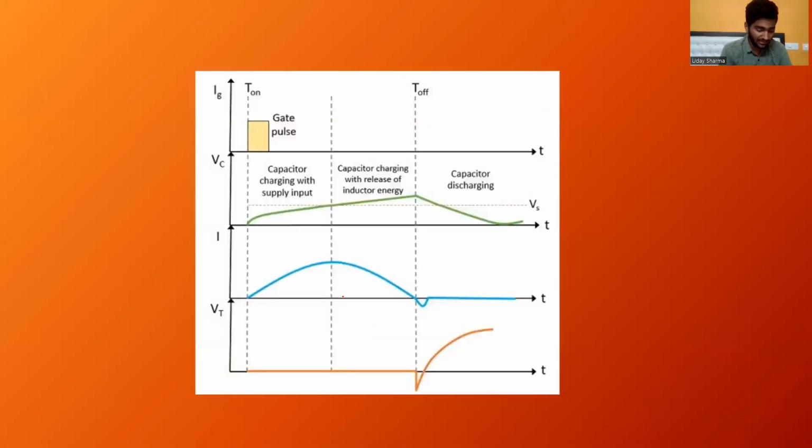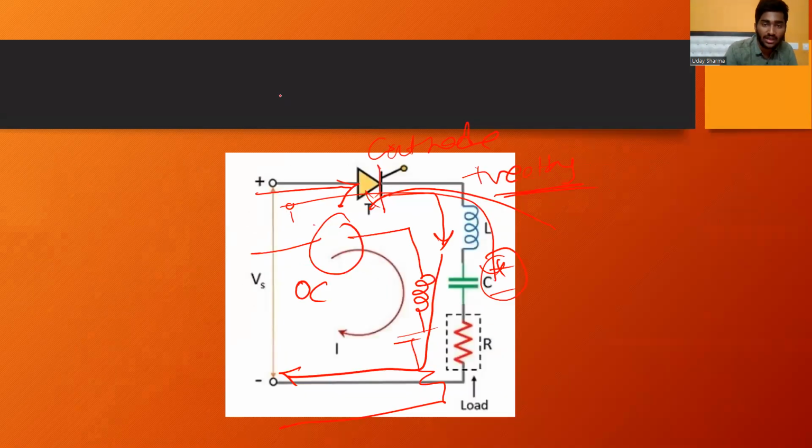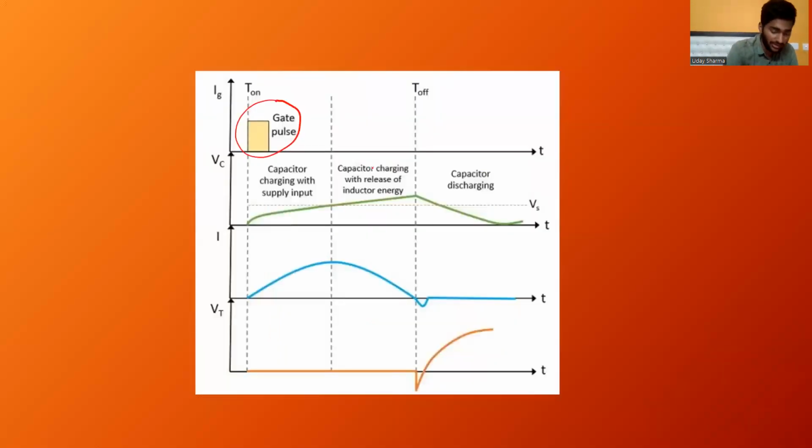As you can see clearly in the waveforms, here the gate pulse is given to the thyristor, while turning on the thyristor. From here, the voltage starts. Slowly the capacitor starts to charge and it starts to release the inductor energy. Once the capacitor gets discharged, we can see the voltage across the thyristor also increases as the thyristor gets the reverse voltage.